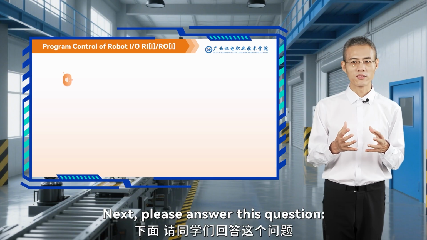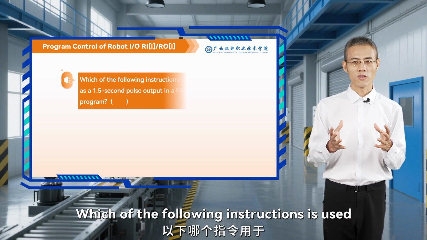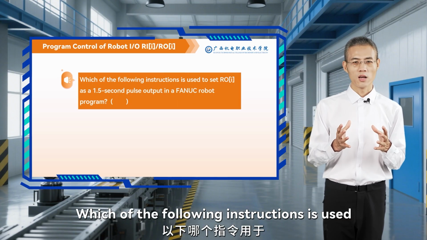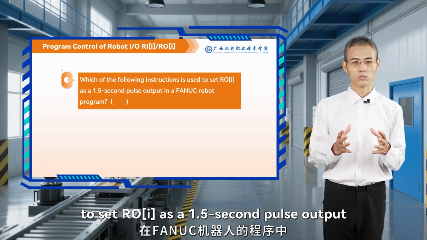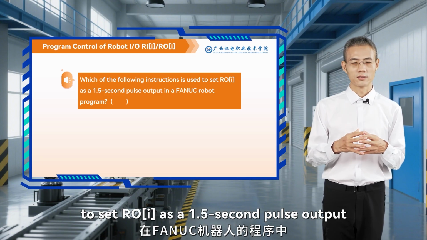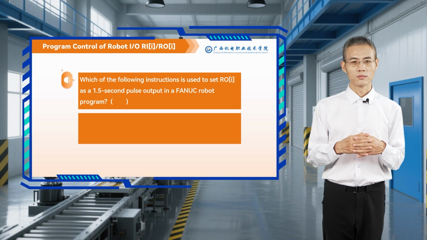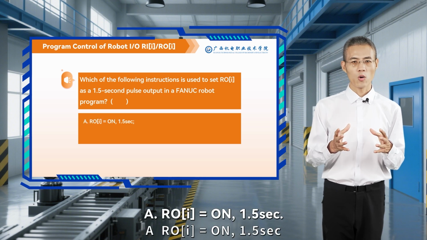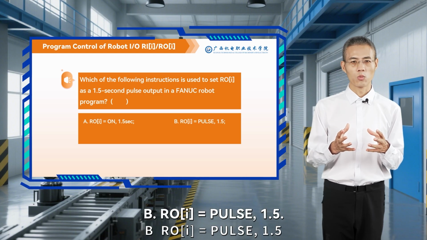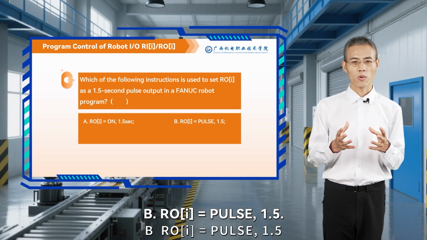Next, please answer this question. Which of the following instructions is used to set RO1 as the 1.5 second pulse output in a FANUC robot program? A. RO1 equals on 1.5 second. B. RO1 equals pulse 1.5.